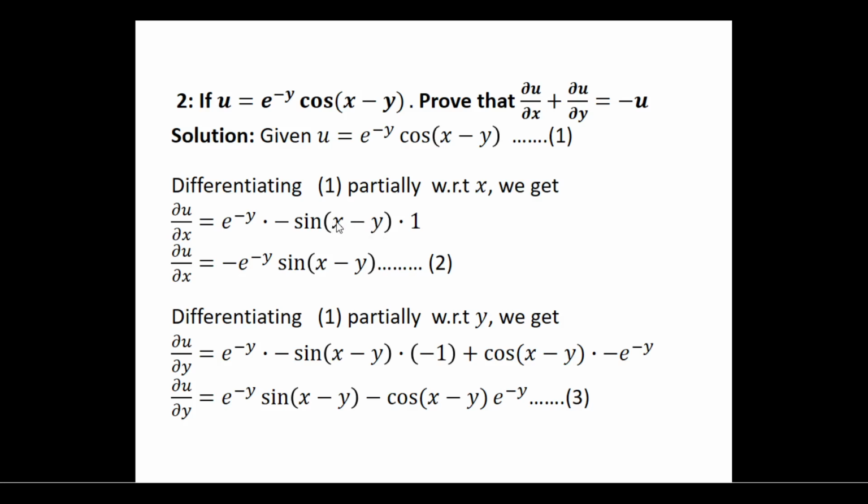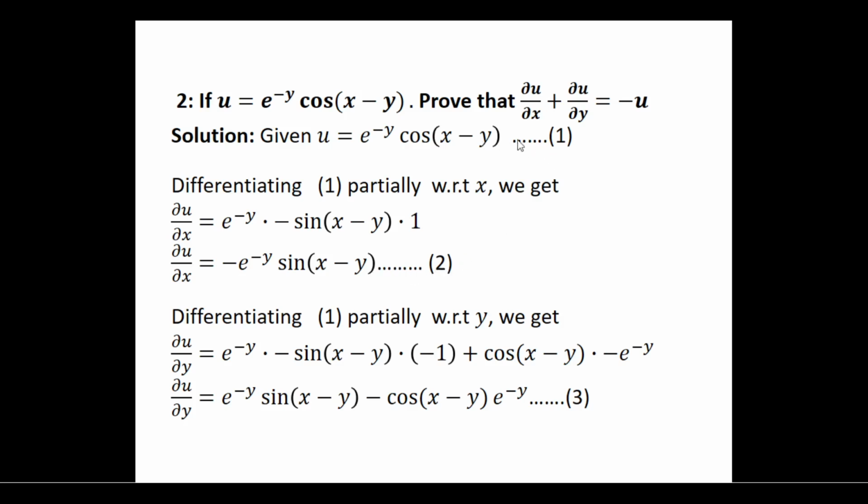The differentiation of x is 1. Since y is a constant, its differentiation will be 0. So 1 minus 0 is 1. So you will have -e^(-y) sin(x - y). Call it equation 2.